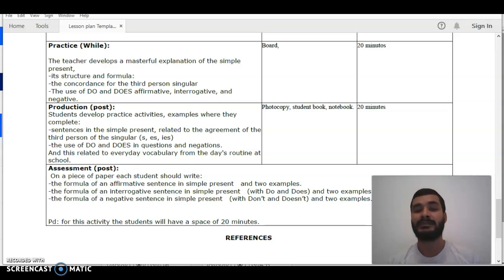For this activity, the student will have 20 minutes, as with the previous production, using a photocopy, student book, and the notebook.